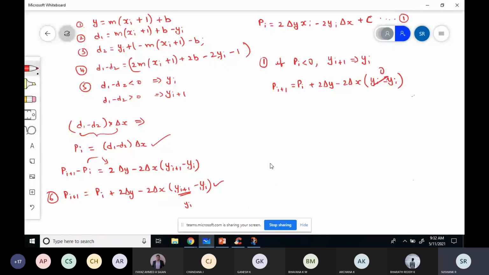Something multiplied with 0, so the entire output will be 0.